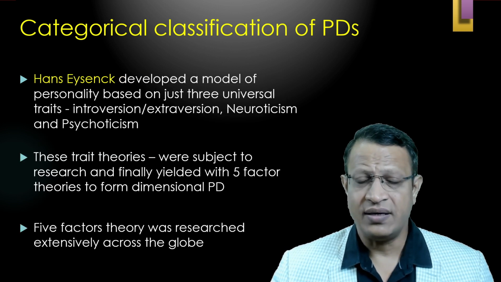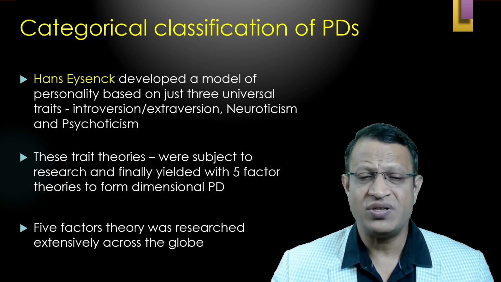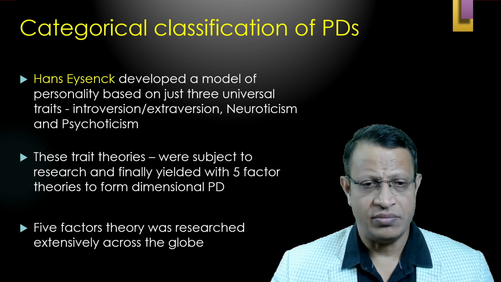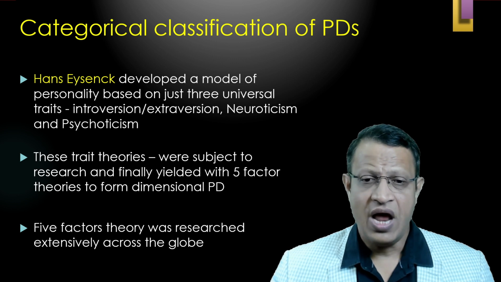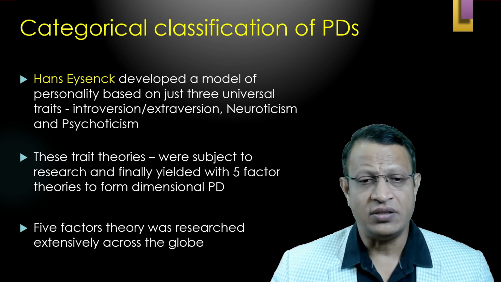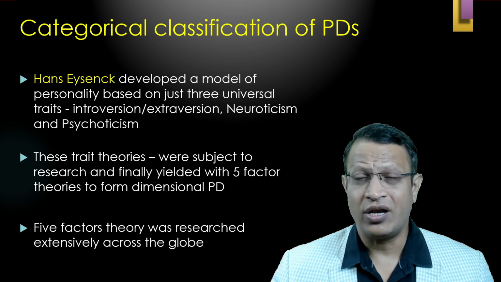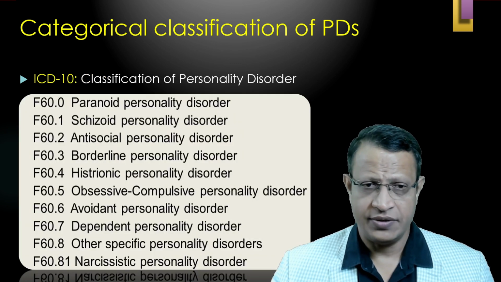Hans Eysenck developed a model of personality based on just three universal traits, that is, introversion or extroversion, neuroticism, and psychoticism. These trait theories were subject to research and finally yielded the five factor theories to form dimensional personality disorders. Five factor theory was researched extensively across the globe, and I'll be discussing that.